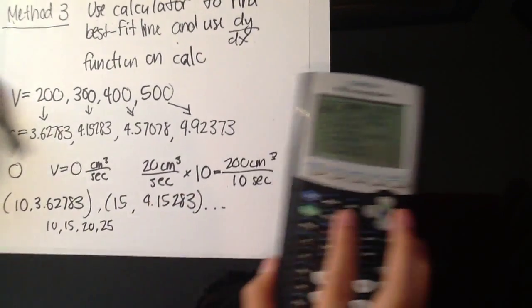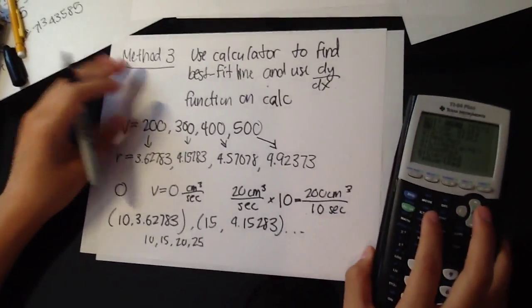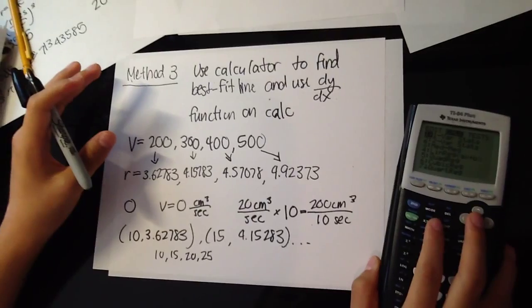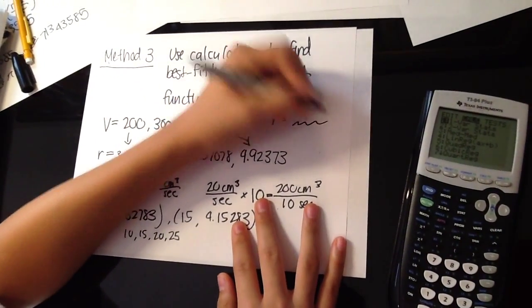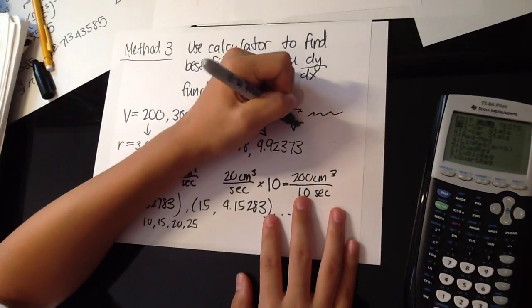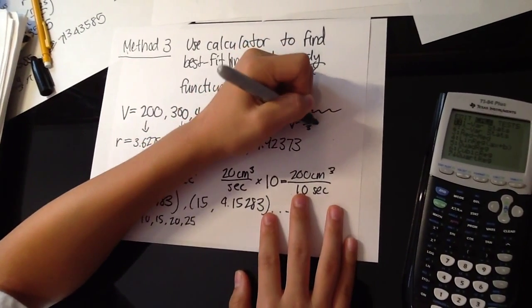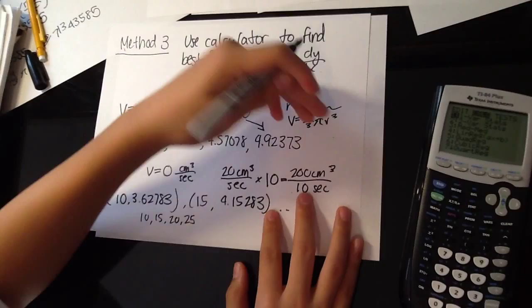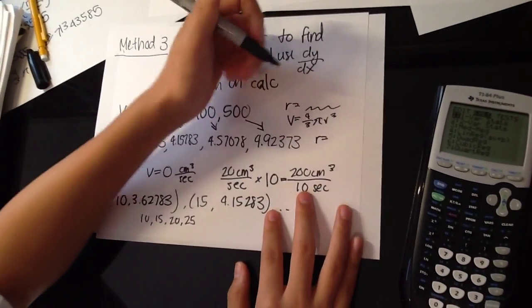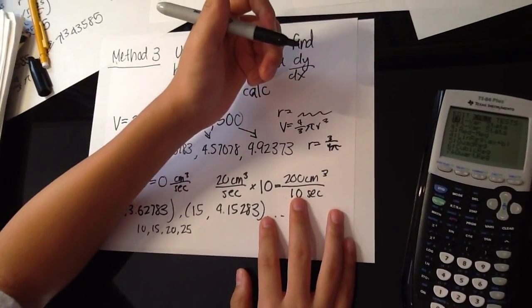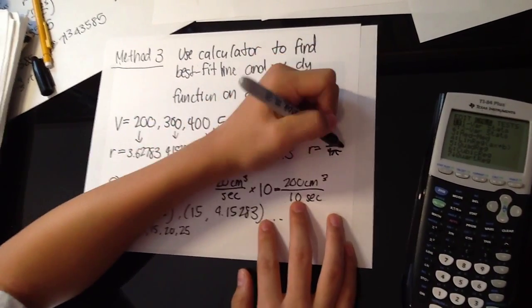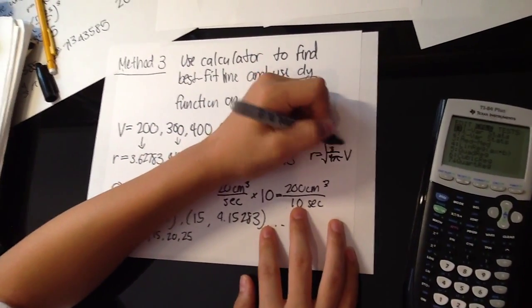If we solve the volume equation in terms of R, it gives us R equals something. Because the volume equation is 4/3 pi R cubed, if you solve for R, it's going to give you 3/4 pi V, and then you take the cube root of that.